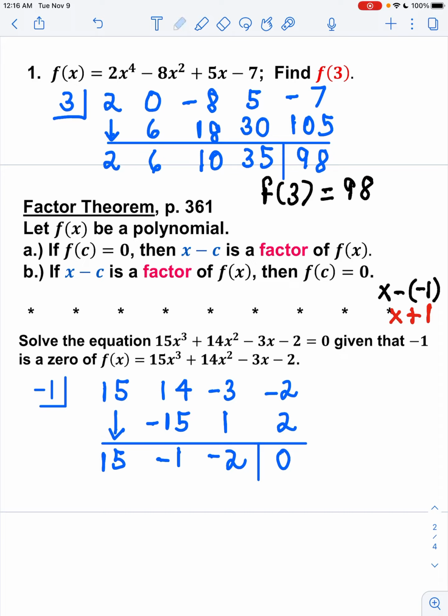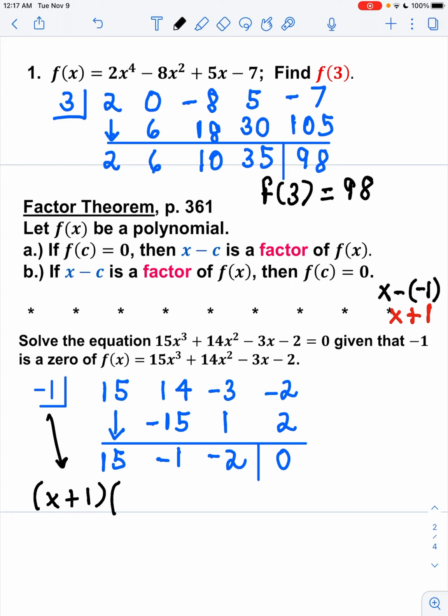So as a result, I can really write this polynomial in factored form. I originally had 15x cubed plus 14x squared minus 3x minus 2. But now, if -1 works and gives me a remainder of 0, the factor then associated with that is x plus 1.